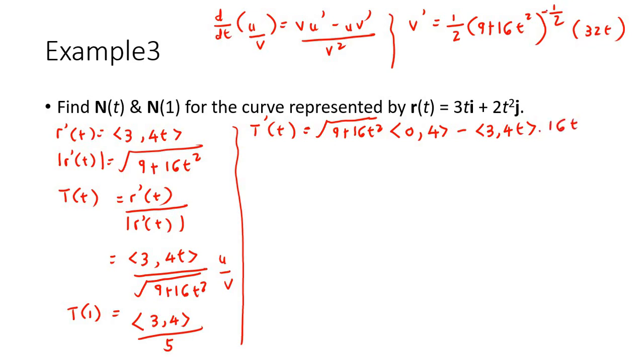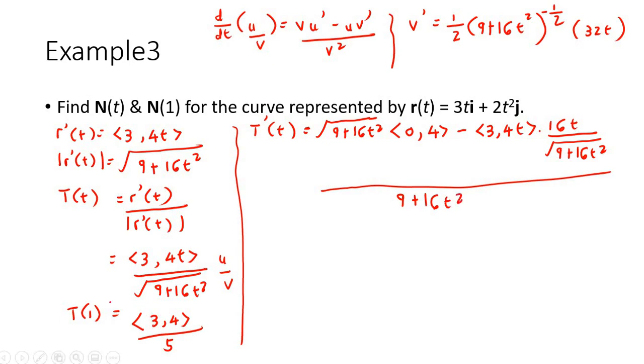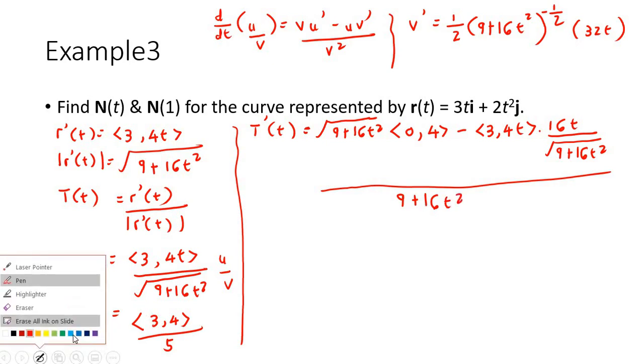You simplify here, you will get 16t, power minus half, bring down. So you have 9 plus 16t squared, and the square root squared becomes 9 plus 16t squared.